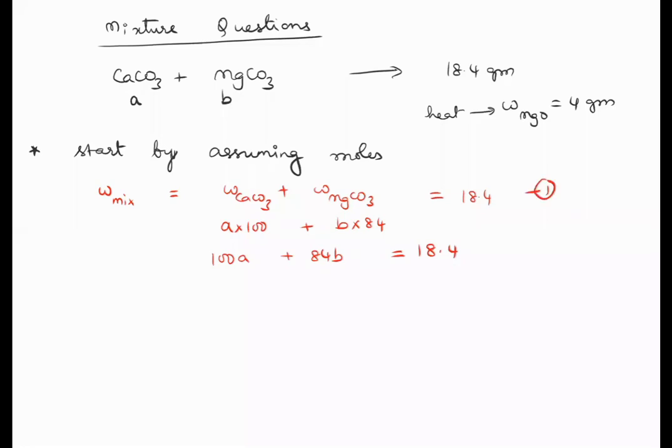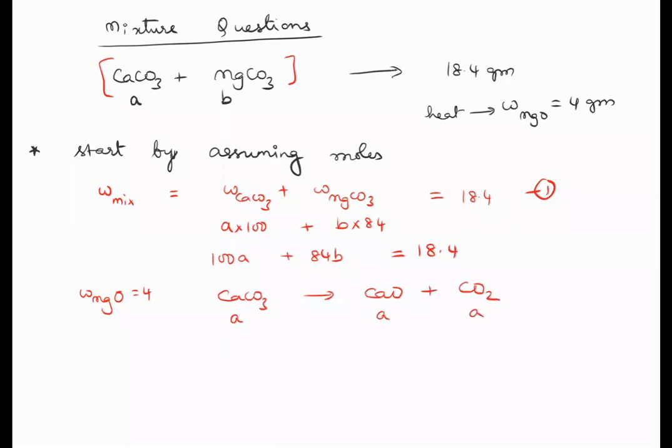The second equation would be whatever extra information he's giving you. Like in this case, on heating, the weight of magnesium oxide is 4 grams. That is my second piece of information. Now, if I heat this mixture, what happens? Calcium carbonate will decompose into calcium oxide plus CO2, where A moles gives you A moles and A moles.